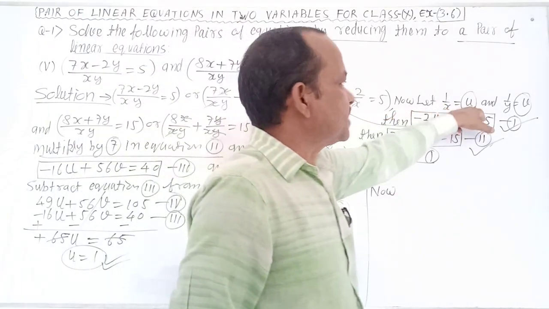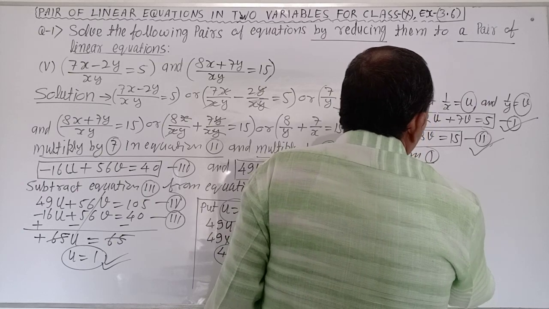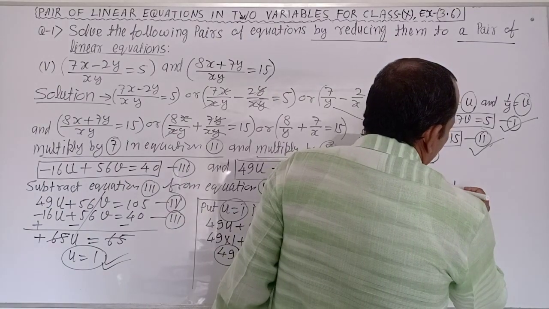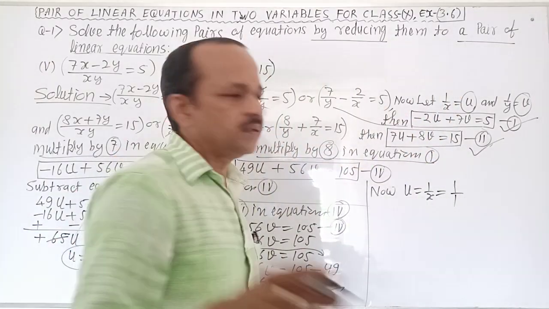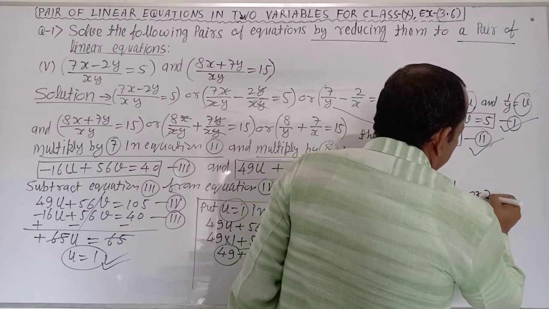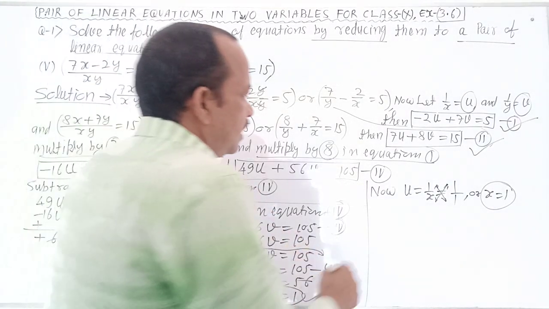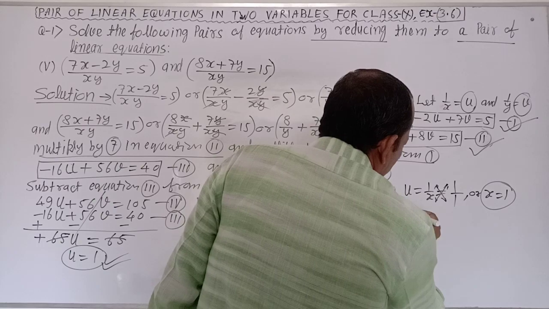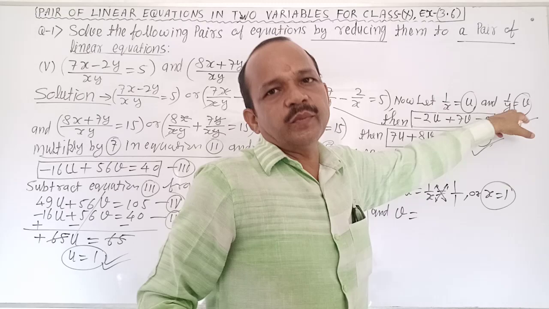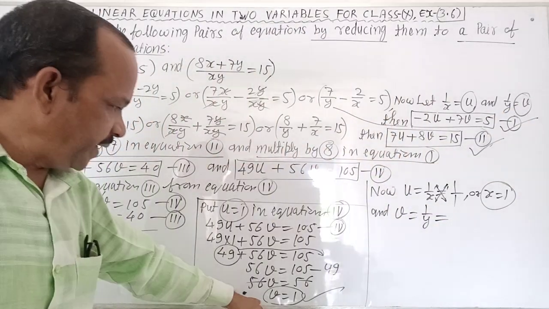Now here 1 by x equal to u equal to 1. 1 by x equal to 1 by 1, cross multiply. It becomes x equal to 1. You find x equal to 1. And v equal to 1 by y, here you find v equal to 1.